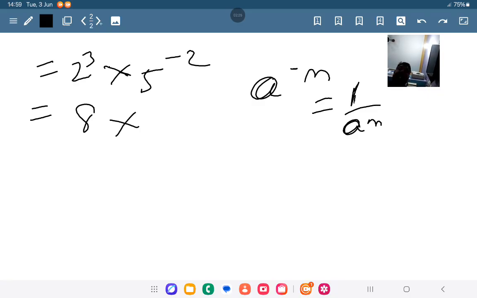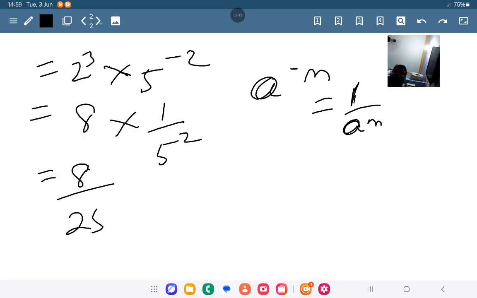Similarly, here it will be 1 by 5 to the power 2. If you take its reciprocal, 5 to the power minus 2 becomes positive, 1 by 5 to the power 2. So 8 by 5 to the power 2, which is 25. So the answer is 8 by 25.